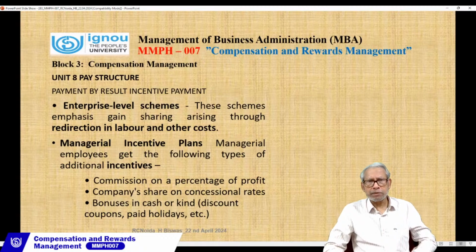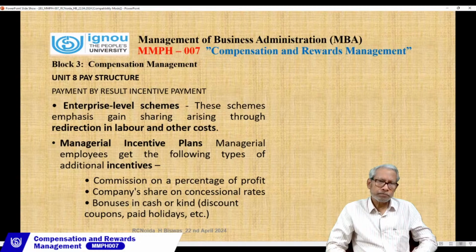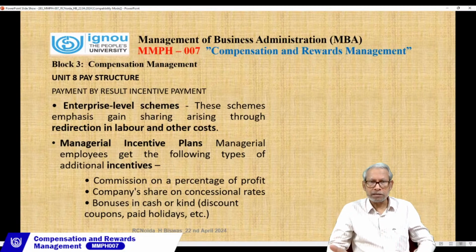Managerial incentive plans: basically managerial employees get the following types of additional incentives. For example, a percentage of profit, some sort of commissions, and shares, maybe based on the annual performance of the corporation. Whatever the company, two or three or five shares you can get. So that is some sort of incentive plan for the managerial categories.